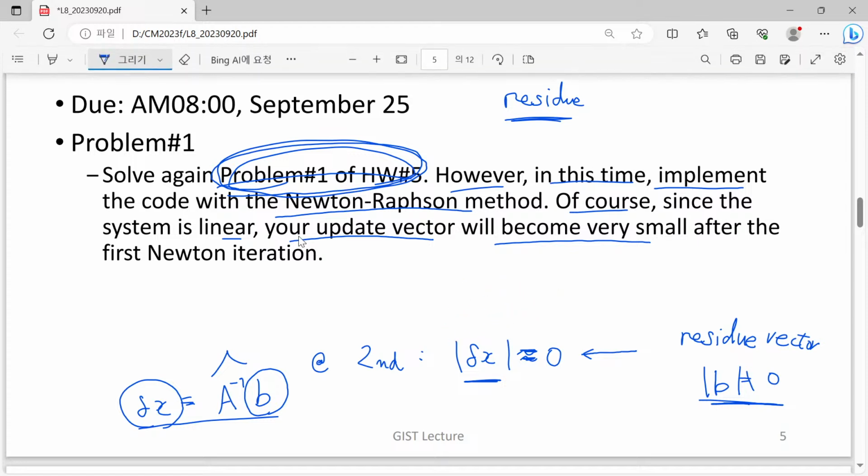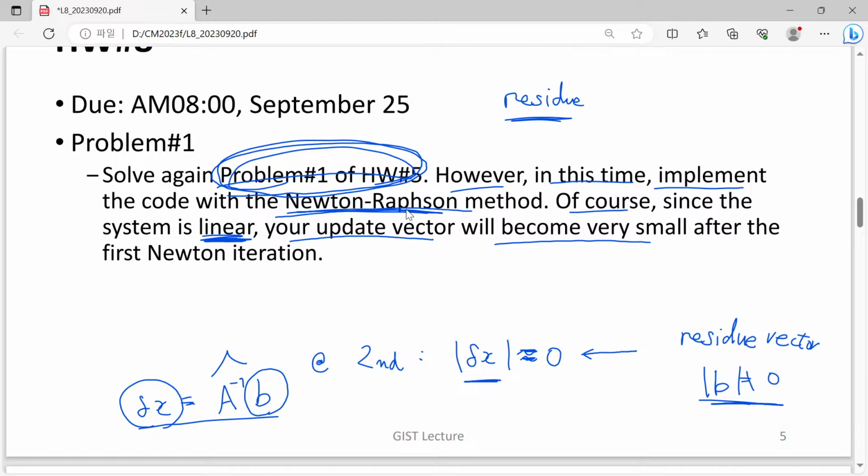So right now, even with this linear system, you should be able to apply your Newton-Raphson method. So I think that this is the safest way to expand your method, your code, to the nonlinear system.